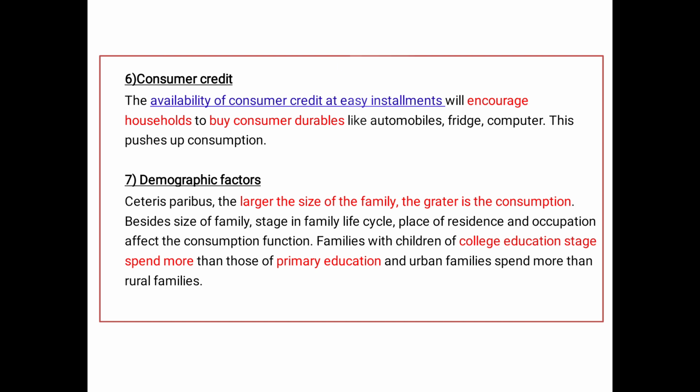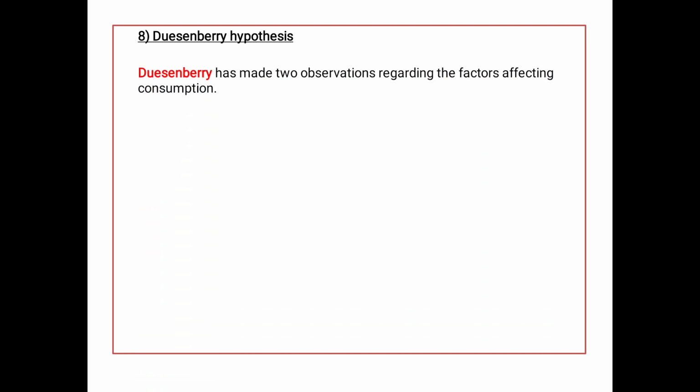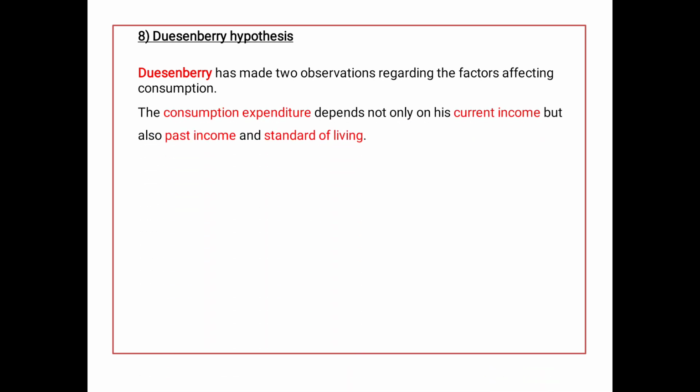So now we are going to see Duesenberry's hypothesis. What is a hypothesis? Proving a particular statement true or false. So, Duesenberry has made two observations regarding factors affecting consumption.